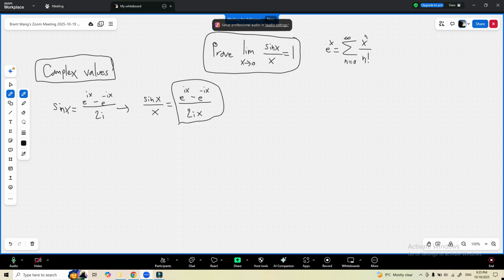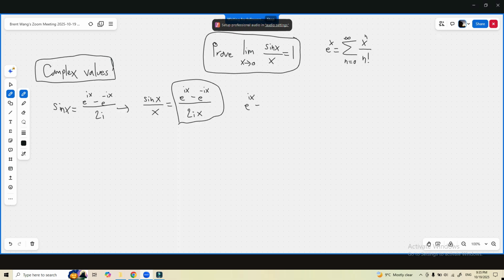From this, we can say that e to the power of ix is equal to the sum from n equals 0 to infinity of xi to the power of n over n factorial, which, if you just spell it out, is 1 plus xi minus x squared over 2 minus x cubed i over 6 plus x to the 4 over 24 plus x to the 5 i over 120, etc., etc.